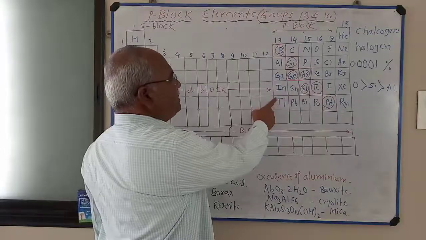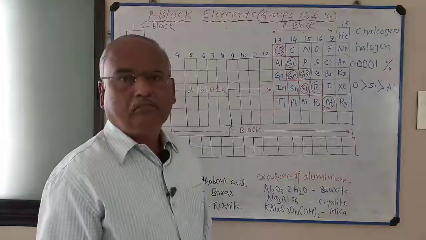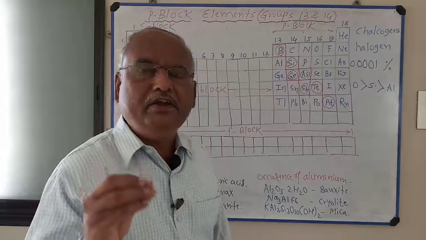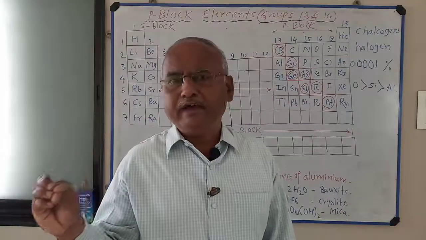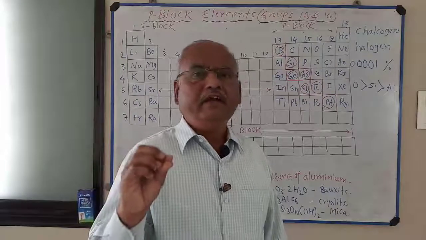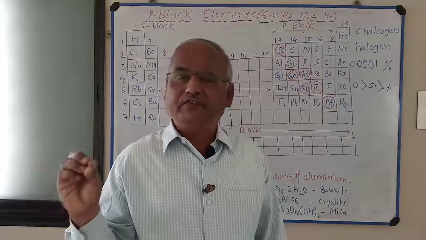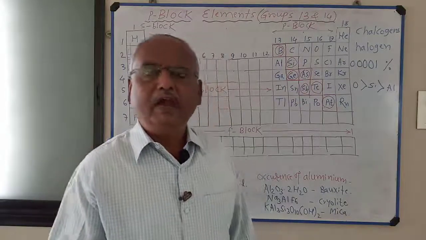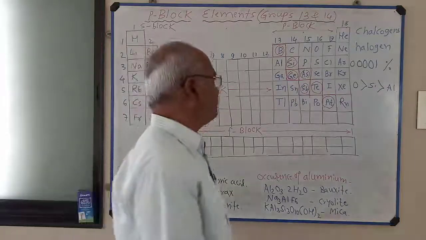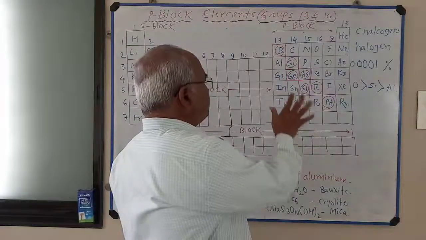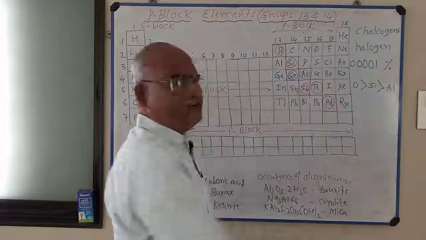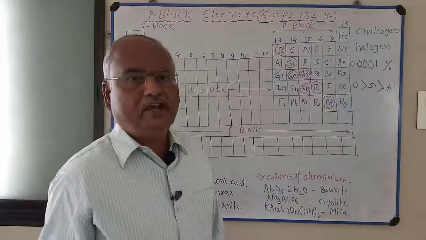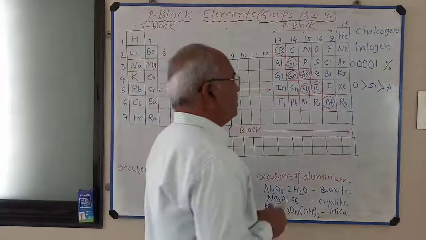Gallium, indium and thallium occur rarely. They are less abundant elements. Thallium is poisonous. Thallium is toxic.